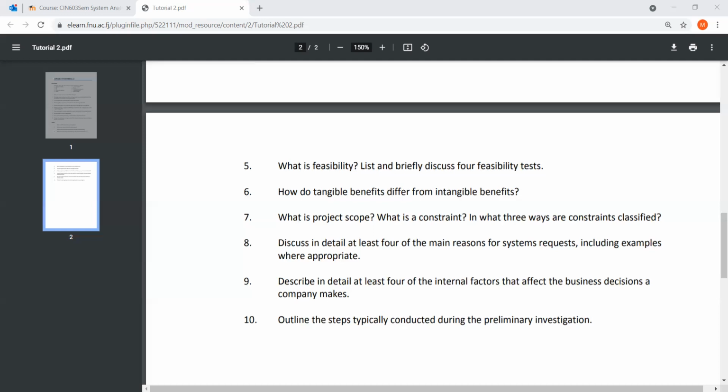It means that a proposed system will be used effectively after it has been developed.